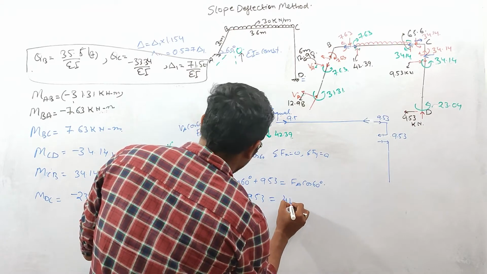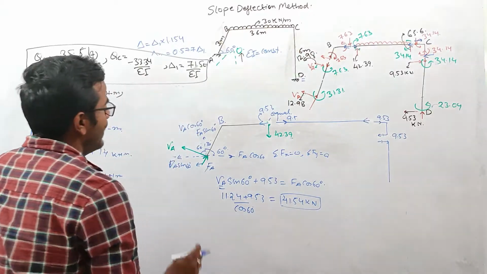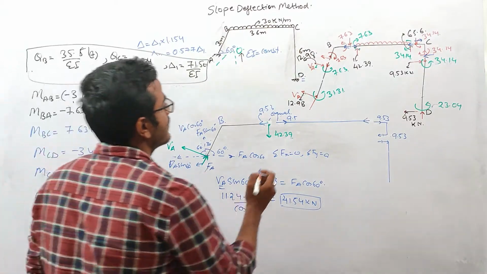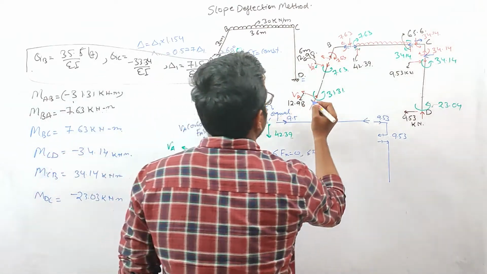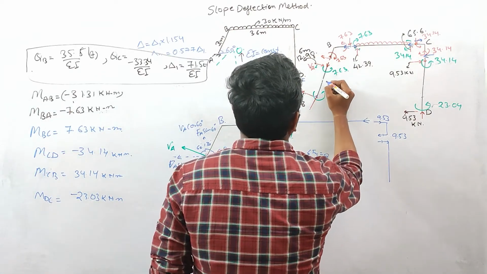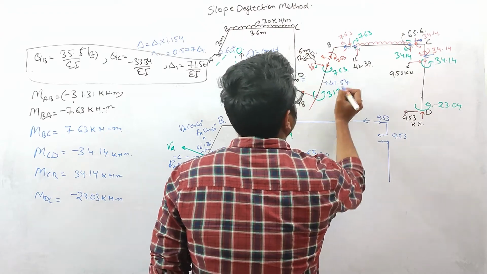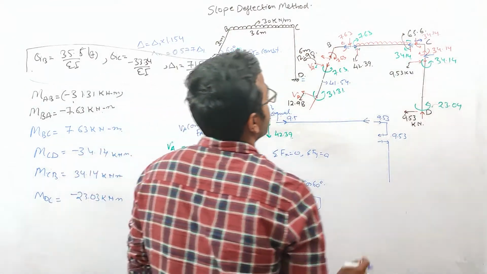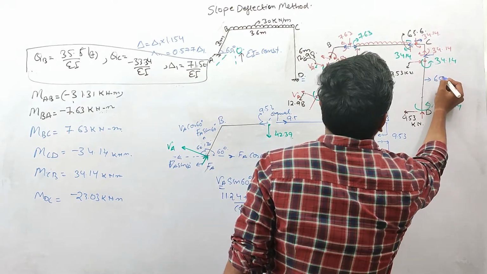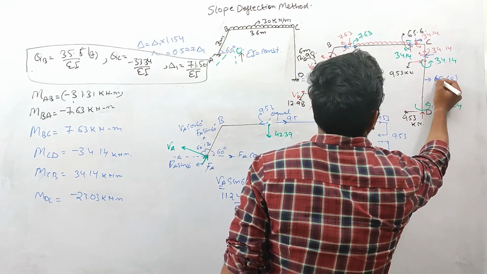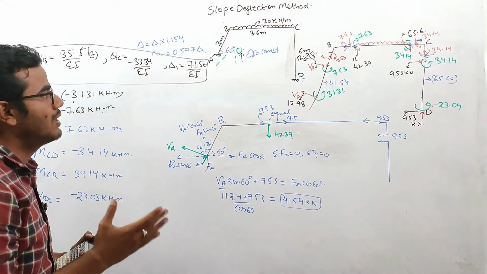So this value comes out to be 41.54 kilonewton. So we have calculated the axial force in this member. The direction is the same, so this value is basically 41.54, right? And this axial force will be 65.60. So we have shown all the forces in all the members.